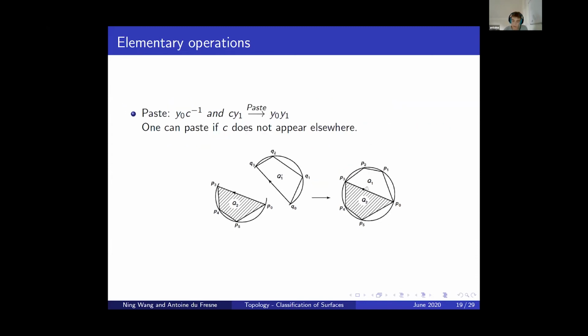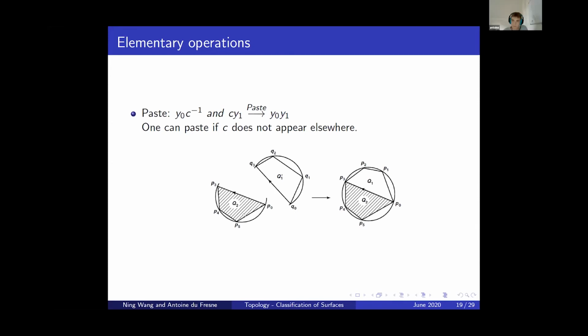So we have a reverse operation, paste, that pastes two polygonal regions along the edges labeled C. So here C are the labels from Q0, Q3 and P0, P3. And we can do this operation only if C does not appear elsewhere in the schemes, because we must paste it. Sorry, but if the labeling is proper, there can be only two copies of C, right?